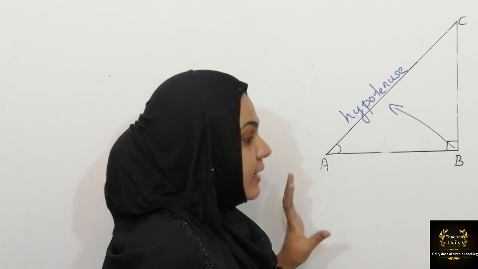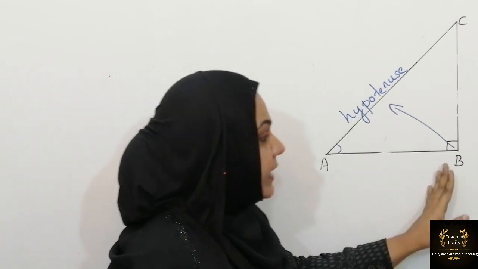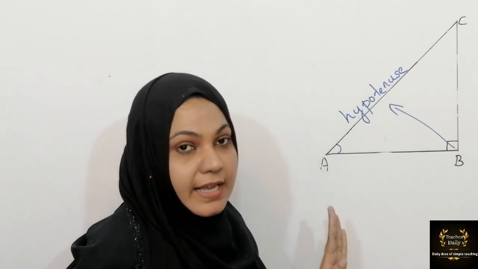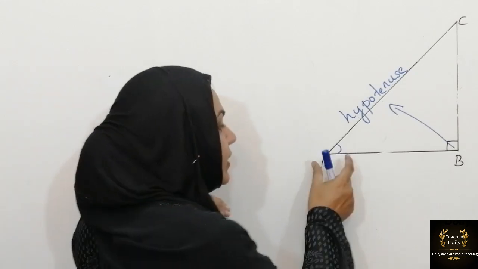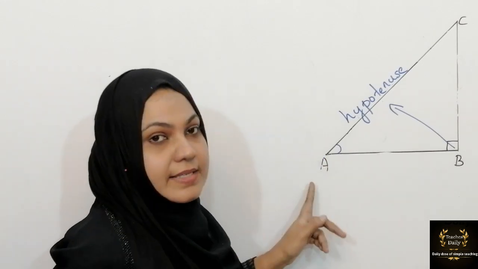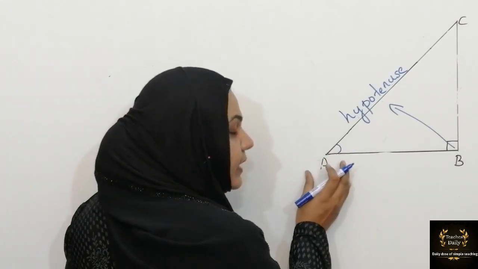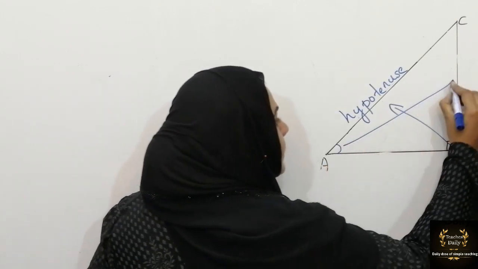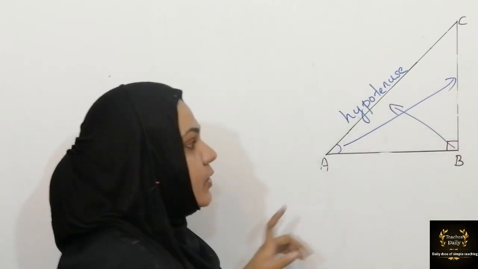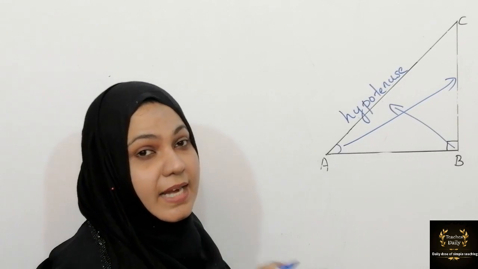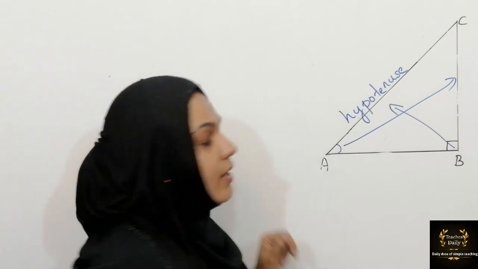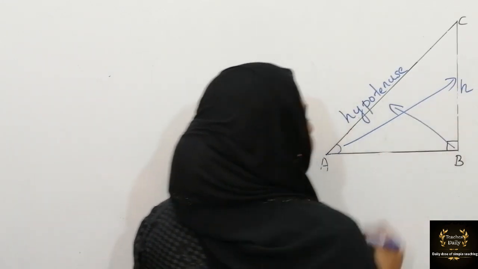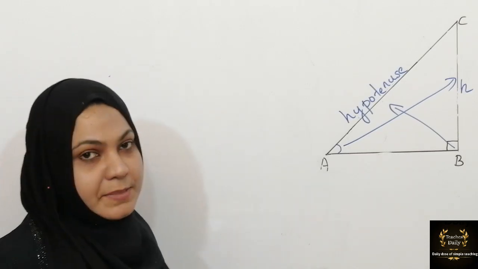You have to listen to one more thing here. 90 degree we never take as reference angle. So this angle is my reference angle. According to this angle, what is the opposite? This one. The side opposite to the reference angle is called height. Now one more side is pending.